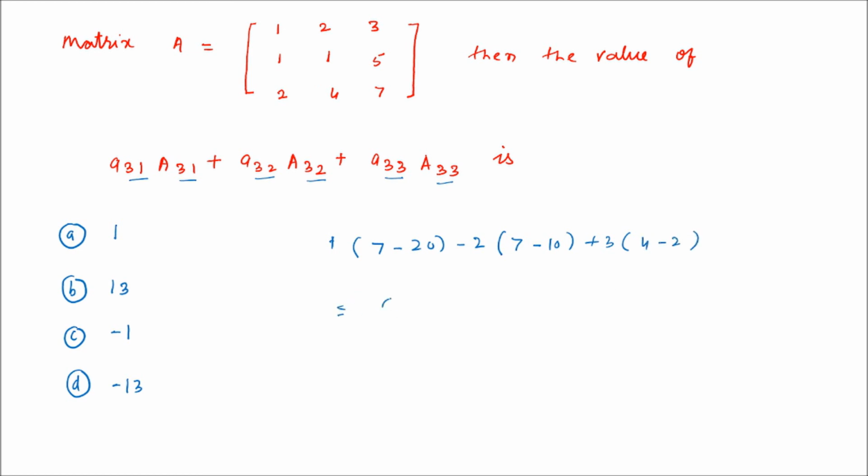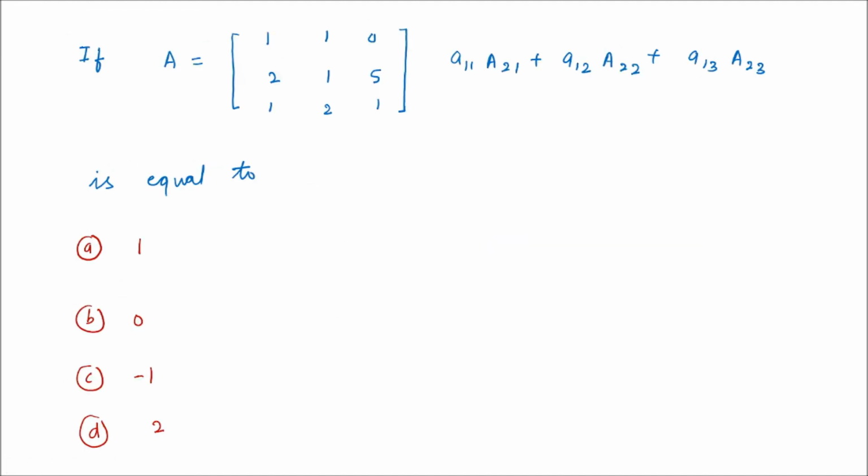So this is equal to minus 13, minus 2 into minus 3 means plus 6, plus 3 into 2 means 6. It will be minus 1. So this will be our answer.